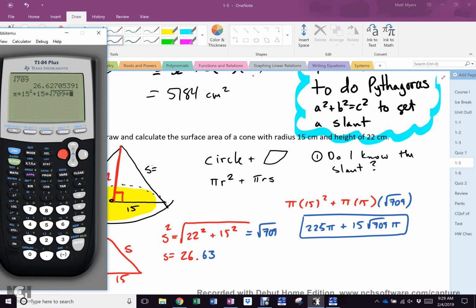Oh, I didn't want the pi under the square root. So, all of you see right here, I have pi r squared, yes, plus pi r slant. Agreed? Exactly what I've written right here, yes? If I hit equals, it gives me an answer. If I punch that in, it gives me that same answer.